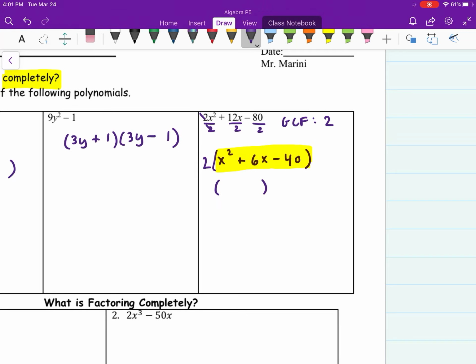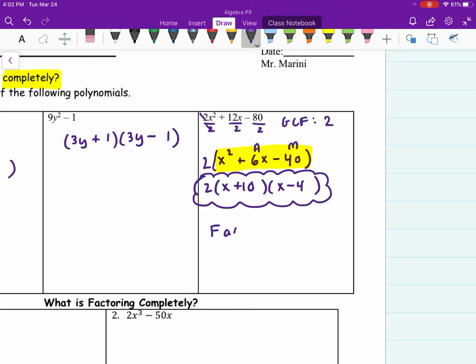We can take this parentheses and factor it again. And we saw for number 1, this was AM, x plus 10, x minus 4, and bring down the 2. And that's called factoring completely.